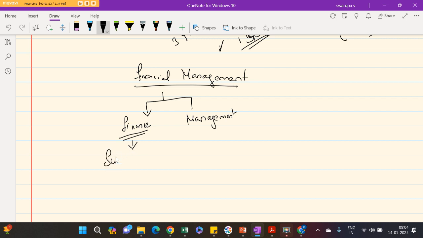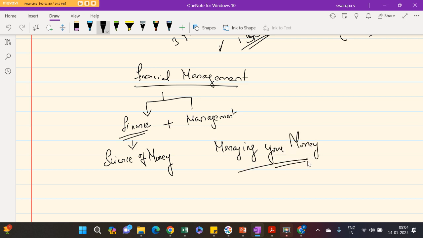So, finance can be regarded as a science of money. It deals with money and all the monetary aspects of a business. So, what is financial management? It is finance plus management. That is managing the money in the business, managing your money. It can be regarded as financial management.